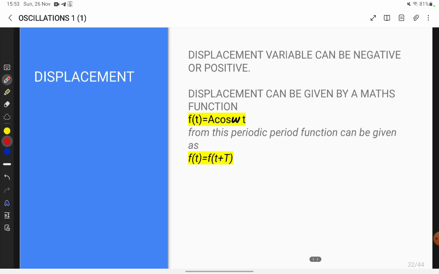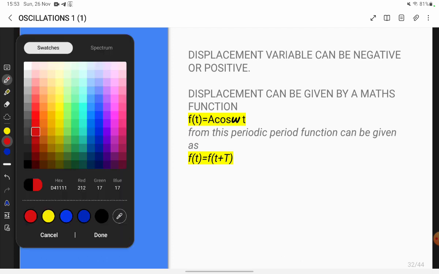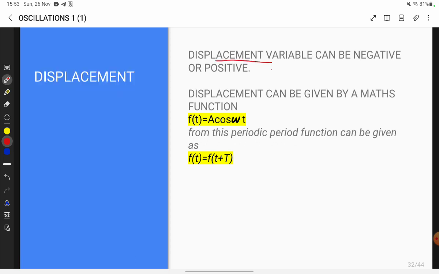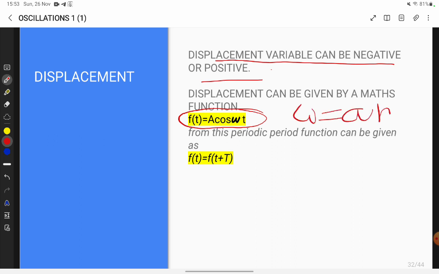Displacement variable can be negative or positive. Please underline this point. It may be negative or positive. Displacement can be given by a math function, that is f of t equal to A cos omega t, where omega t is the angle from the mean position.